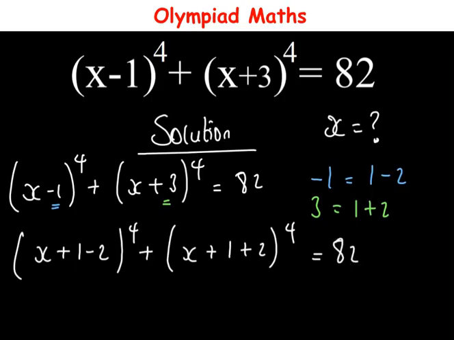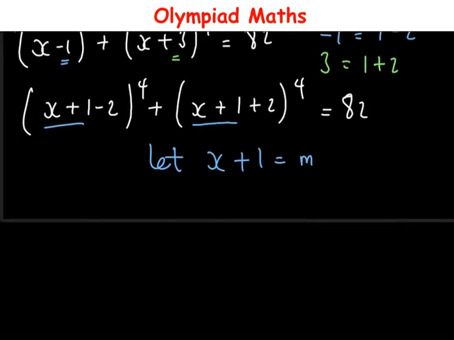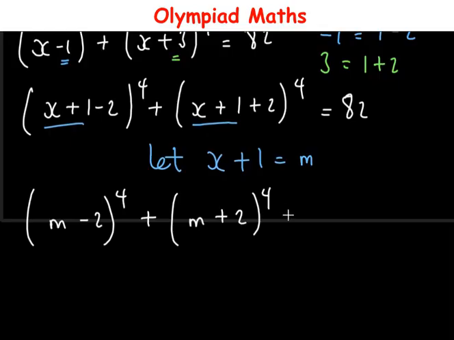Now at this junction we are going to say let x plus 1 equals m. So we have x plus 1 here, we have x plus 1 here. So this then becomes (m minus 2) all raised to power 4 plus (m plus 2) all raised to power 4 is equal to 82.